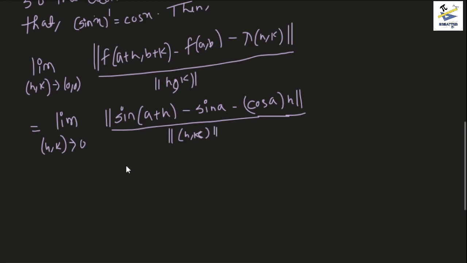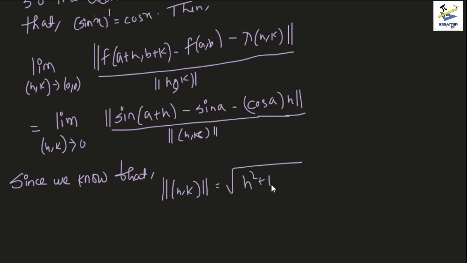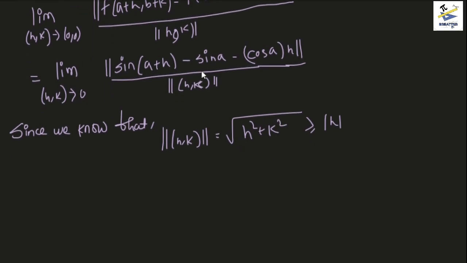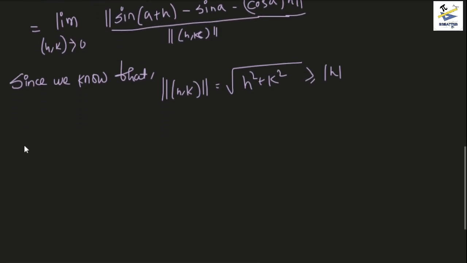Now, after this definition, since the numerator consists of only real numbers, we can say that the norm is basically the absolute value.